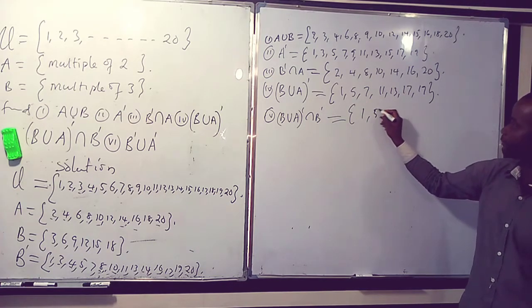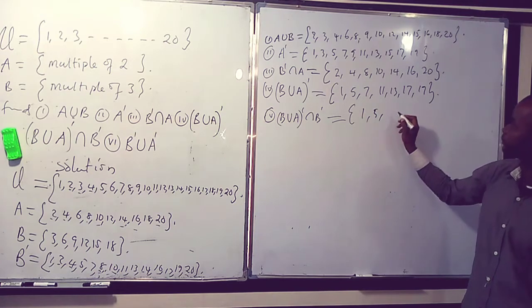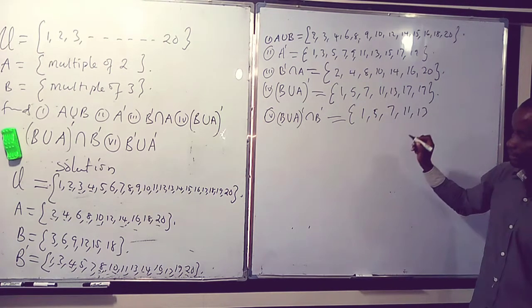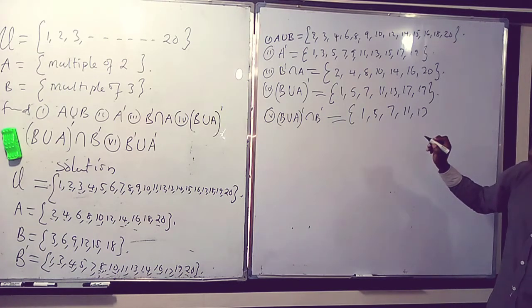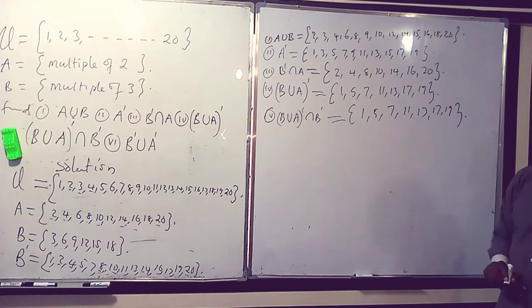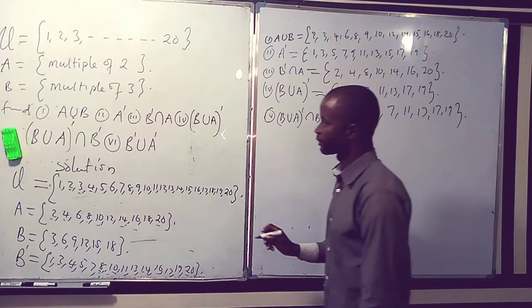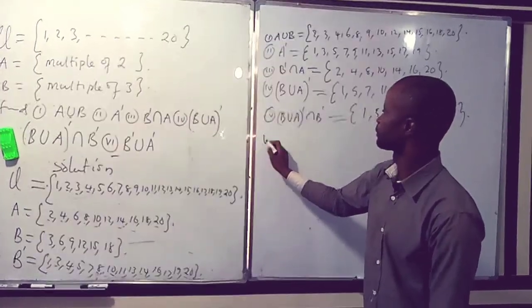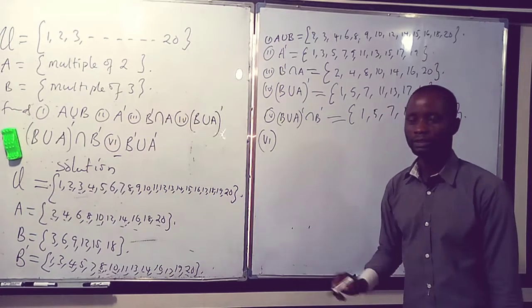The next one is 7, and then we have 11, 13, and then the next values are 17 and 19. That's all.